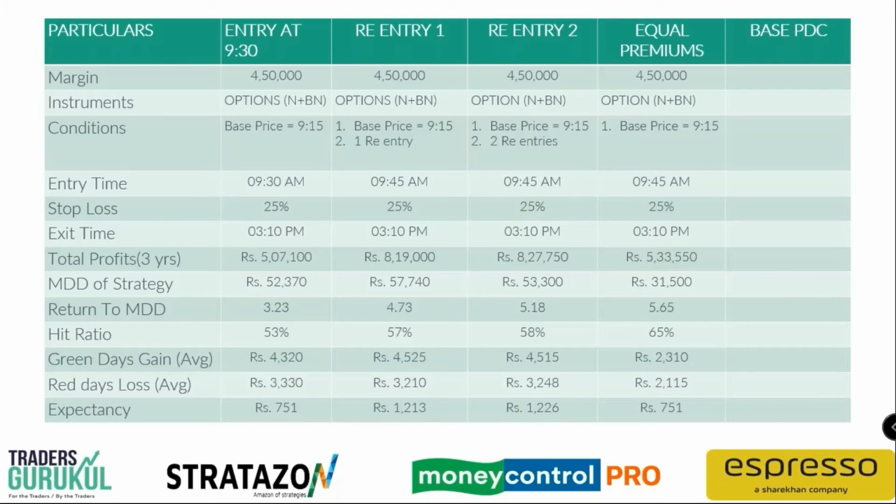Suppose you are not ready to go with this strategy, and you say that I'm not going to take the base price as the 915 price. I'll still go with the base price as previous day close. This PDC means previous day close. So you are not taking the 915 price, you are just filling in the previous day close of the Bank Nifty and Nifty spots, and then you are comparing.